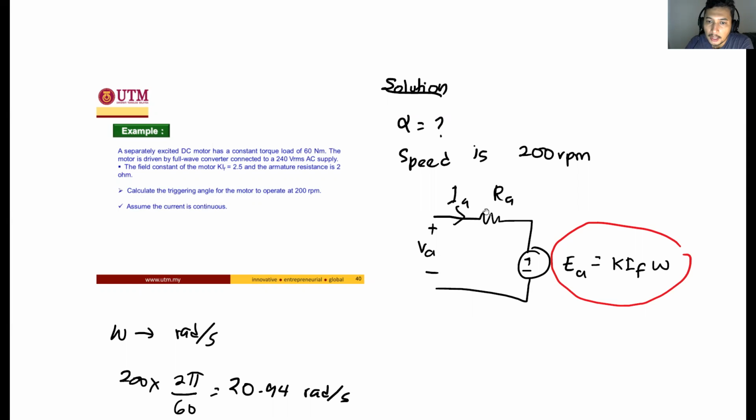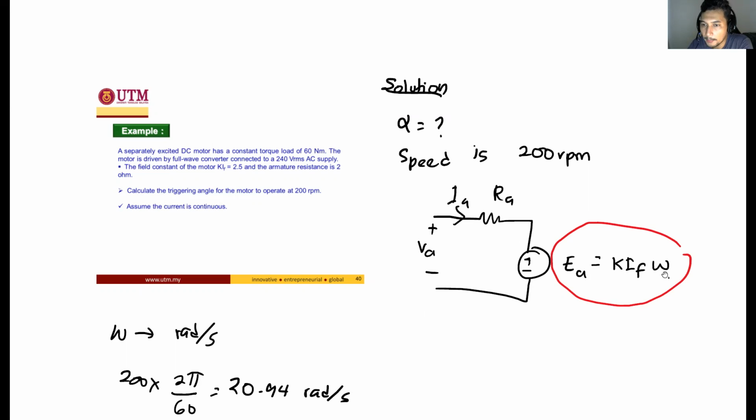VA here is the voltage output from your rectifier circuit, and EA is your back EMF, the voltage produced due to the rotation of the motor, which can be calculated by using this equation.